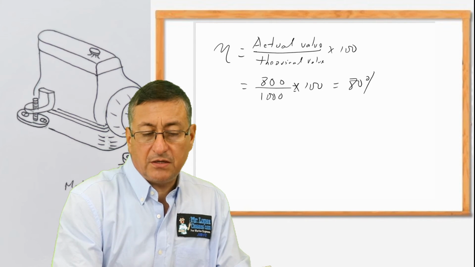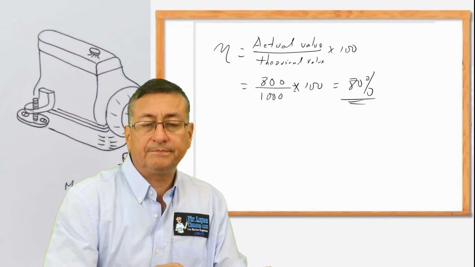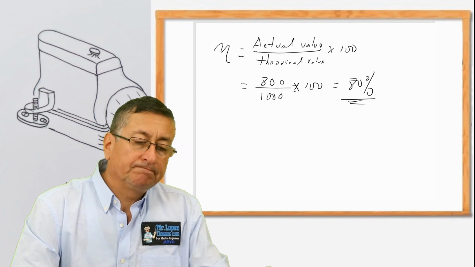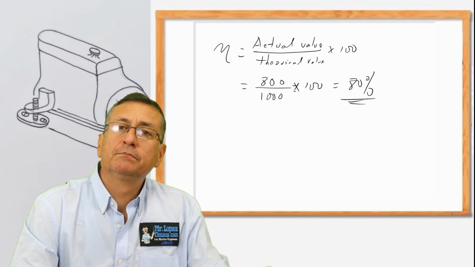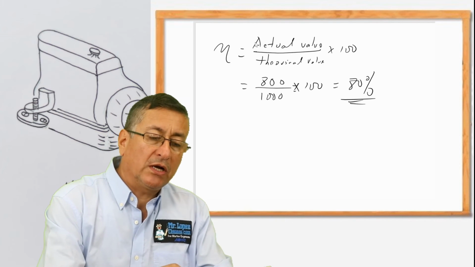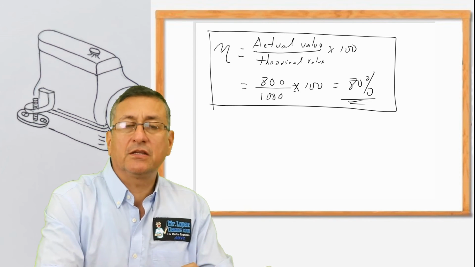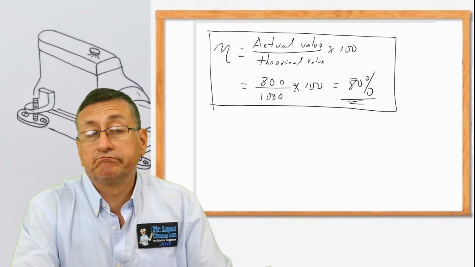Your efficiency is 80%. Simple. This is the formula to calculate efficiency: the actual situation divided by the theoretical situation times 100.